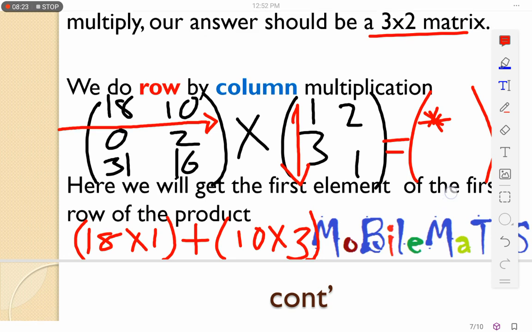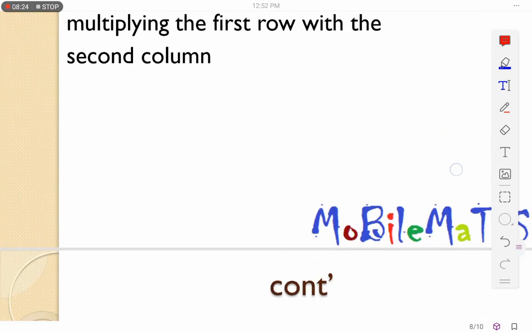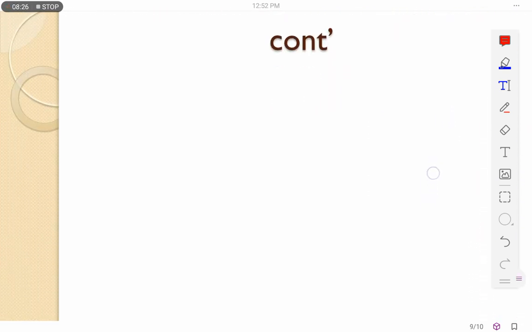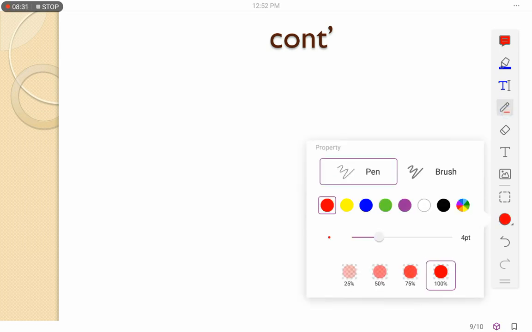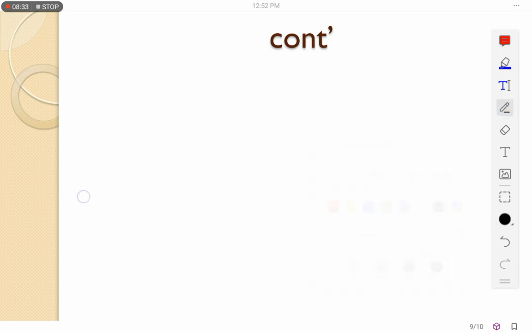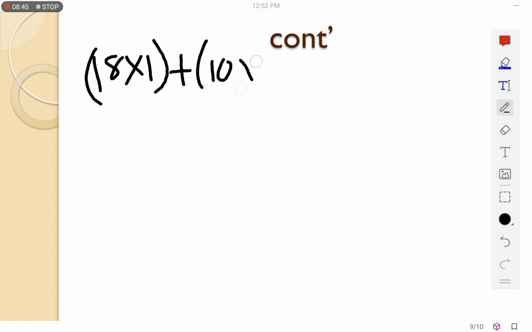Okay, so we are going to write out what we will multiply, each and every item. So I'll have 18 times 1 plus 10 by 3. That's the first item.